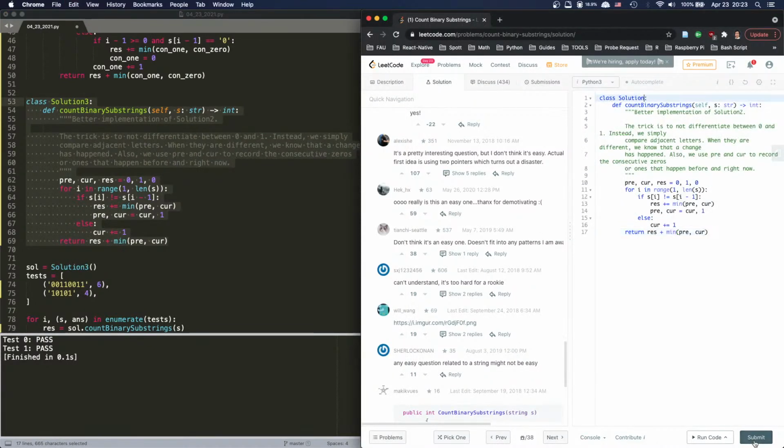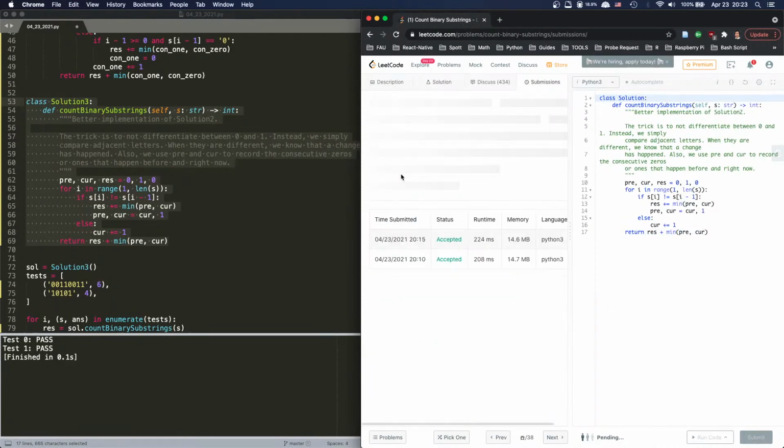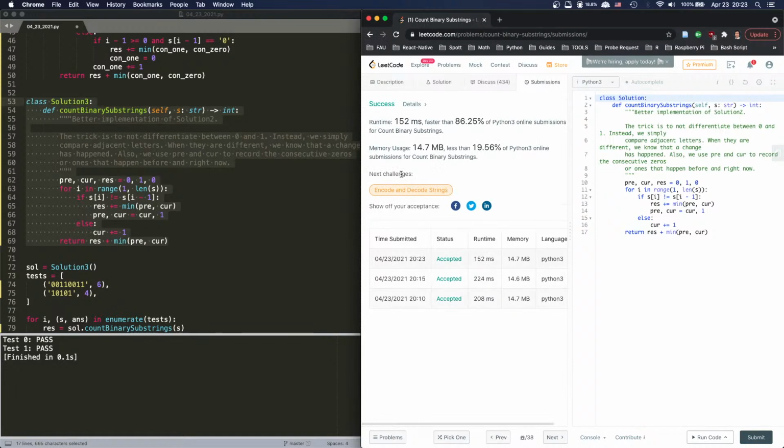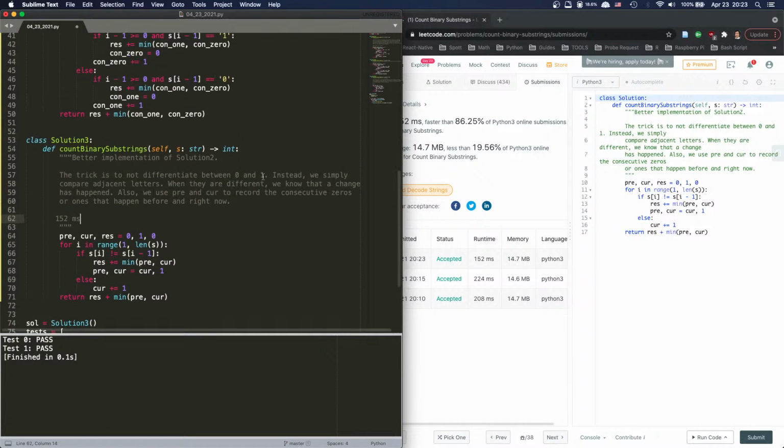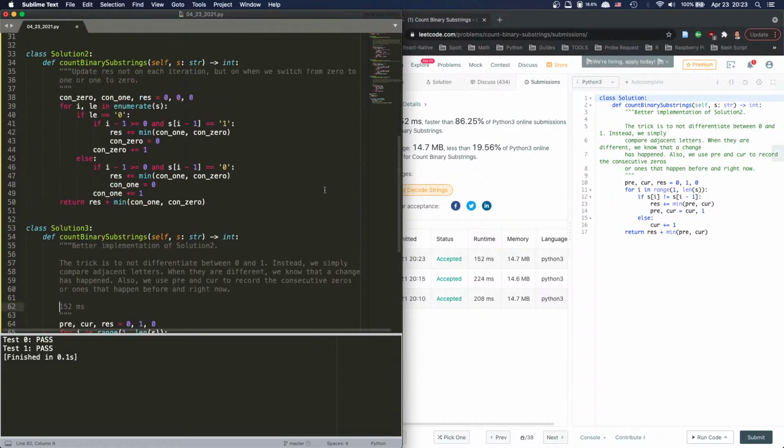This one may be the fastest because it has much less things to do. Oh, look at that. It's all O(n), but this one runs at 152 milliseconds and 86%. That's not my solution, so don't even mention ranking. But yeah, take a look.